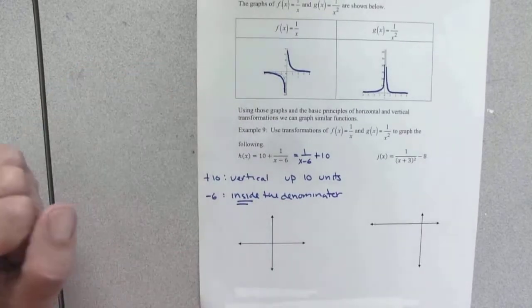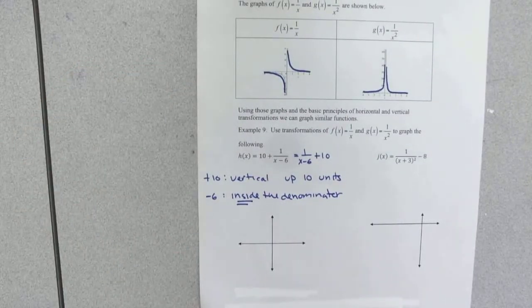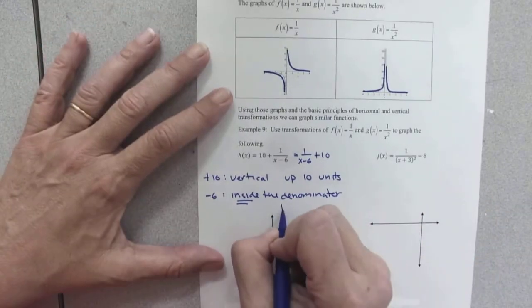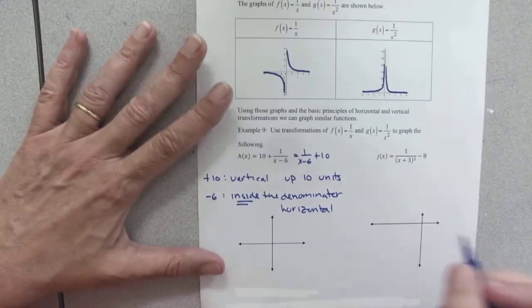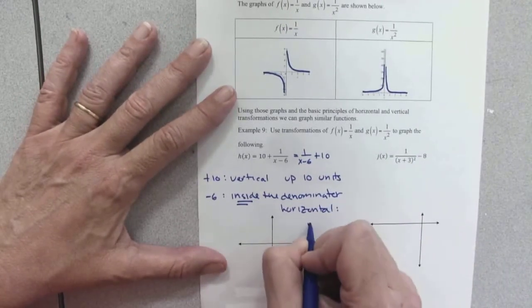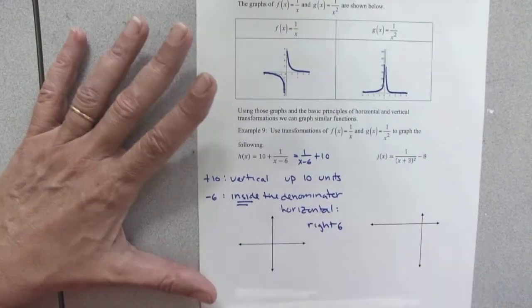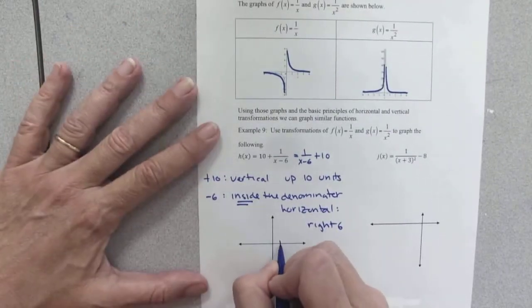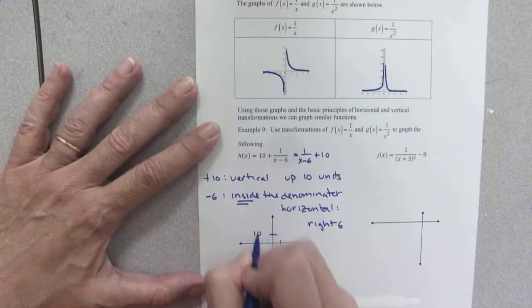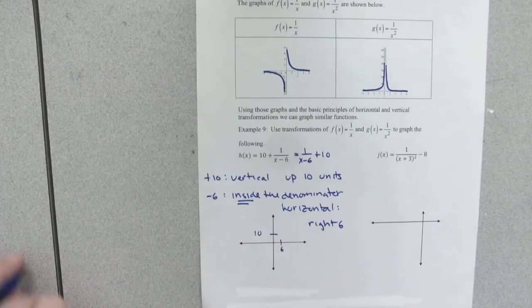The stuff that was inside the functions, that was horizontal. And horizontal went backwards to what you'd anticipate. And so since it's minus 6, that's going to go right 6. Now I'm not going to count all the way over there, but right 6, let's call that 6, and let's call that 10 because I'm running out of room.